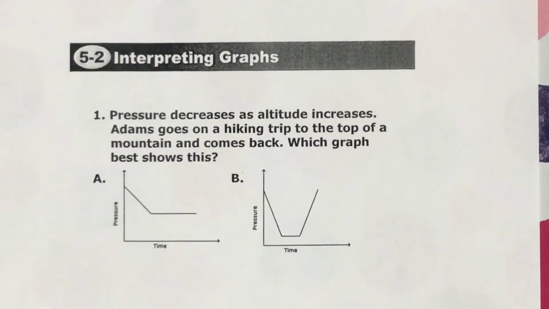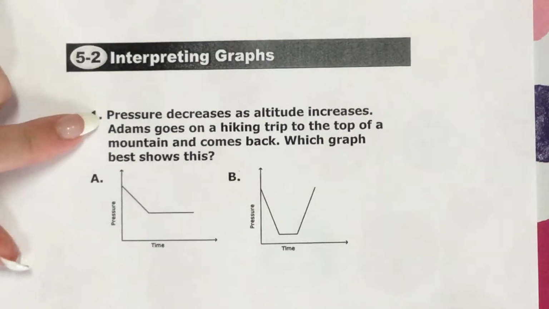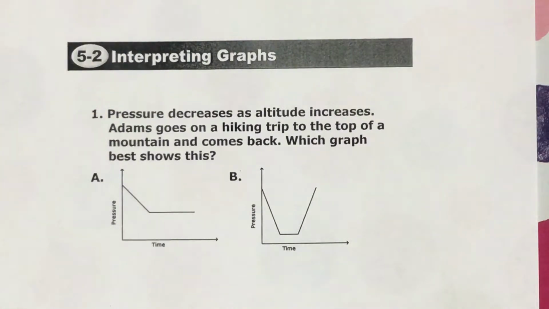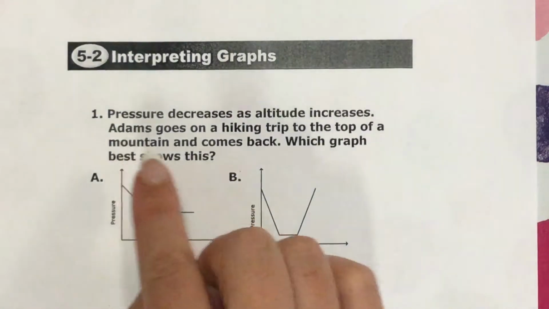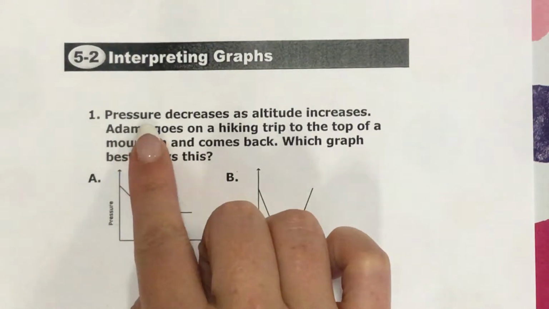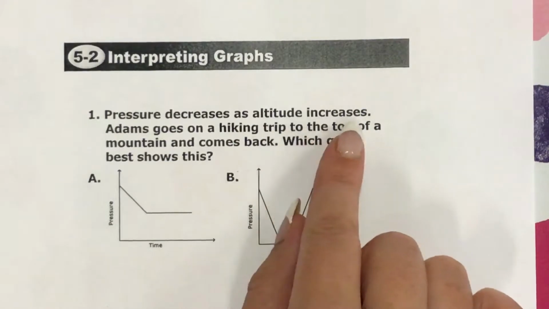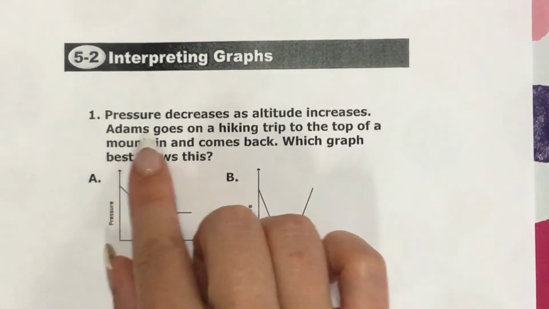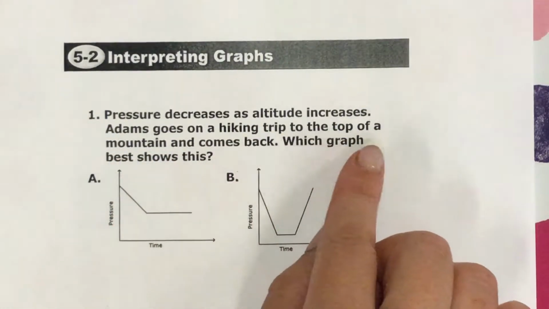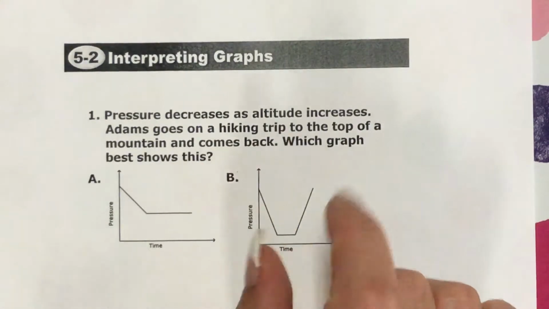Okay, we're back. Let's look at number 1. It states pressure decreases as altitude increases. And I think what we're talking about is air pressure here. So air pressure decreases as altitude increases. Adam goes on a hiking trip to the top of a mountain and comes back.